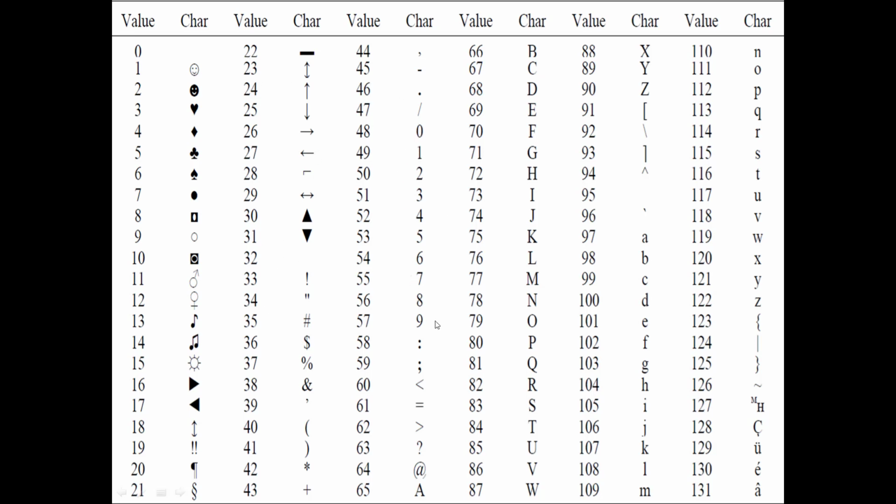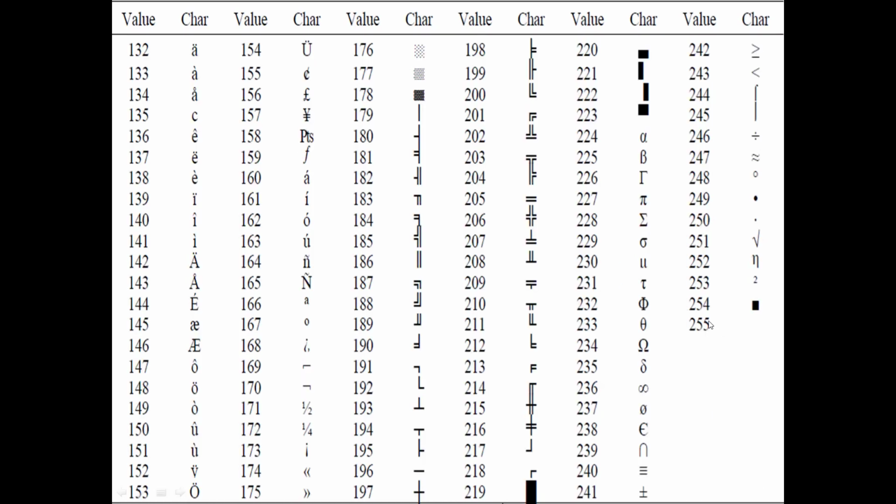The digits from 0 to 9 are given the ASCII values 48 to 57. Similarly, the capital alphabets are from 65 to 90, and similarly for small case alphabets. There are a total of 256 ASCII values given to different kinds of symbols, alphabets, and digits. The 255th value is given to the blank space.